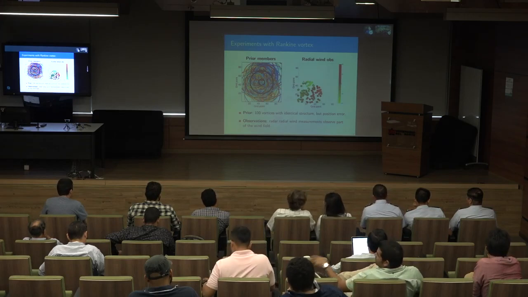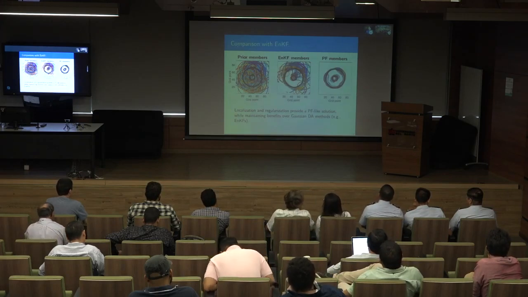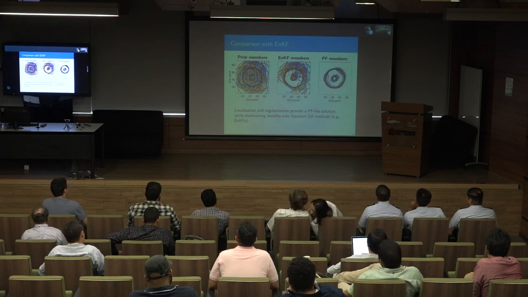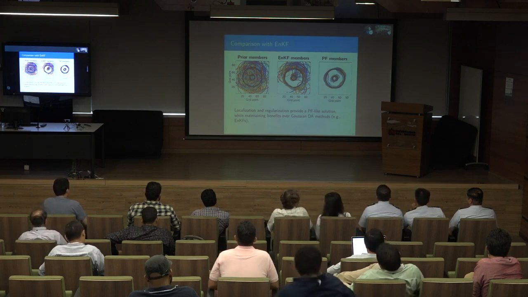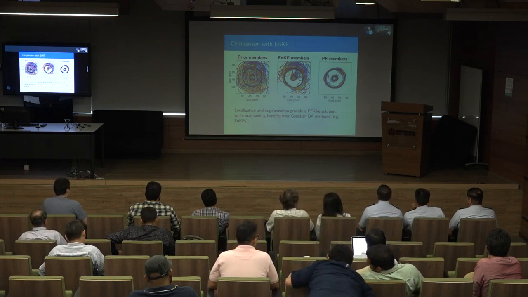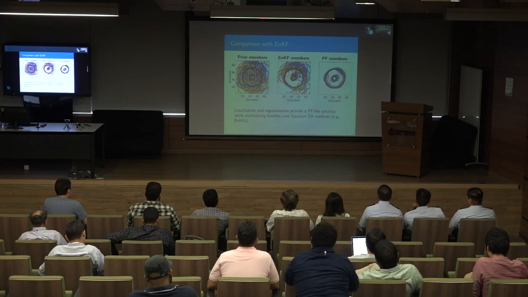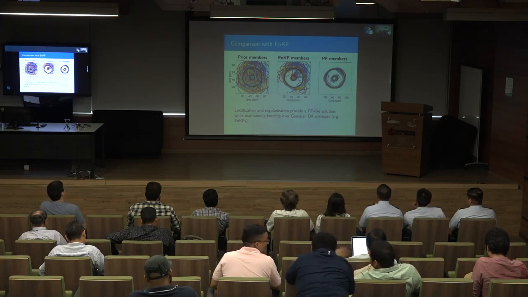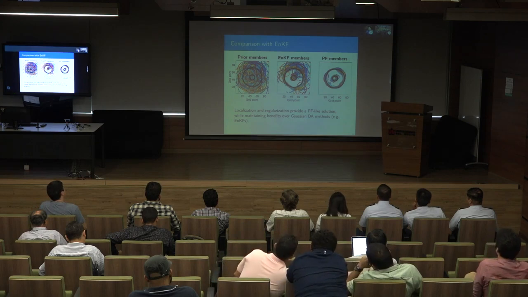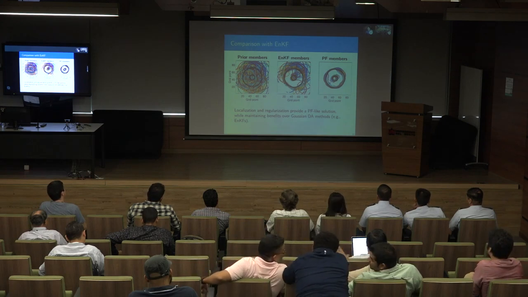For the EnKF, this problem is quite difficult because the underlying error distributions are quite non-Gaussian. I'll show some illustrations of that in the next couple slides. The localized particle filter can do a little better on this problem because it gets around these non-Gaussian data assimilation issues that we have for the Kalman filter.